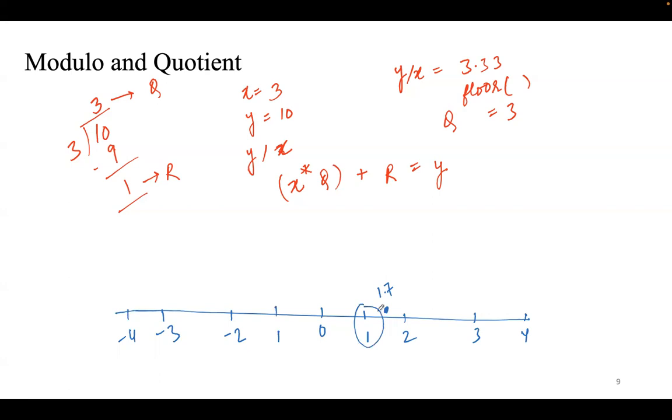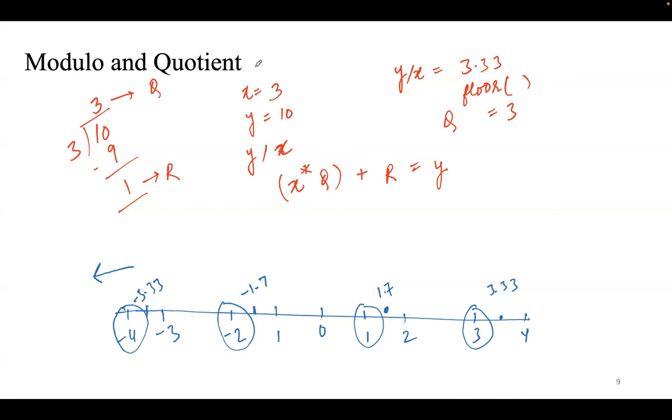And like you said, 3.33, what is the integer just below it? It's 3. Likewise, if I have minus 1.7, the integer just below it is minus 2. Below means just less than that, so we go on the negative side, right? And likewise, if we have something like minus 3.33, it's going to be minus 4.